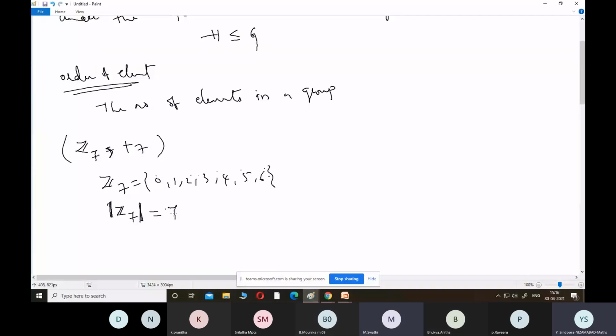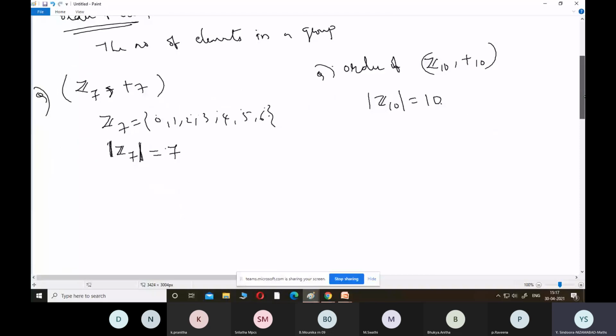In the same way, can anybody tell me the order of Z10 under addition modulo 10? It is 10. Very good. So order is nothing but the number of elements present in the group.